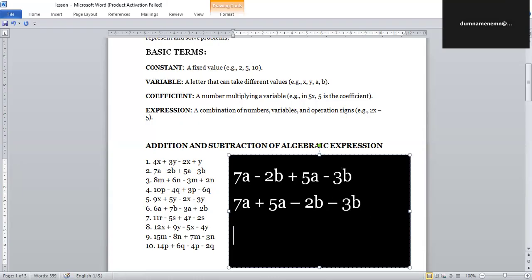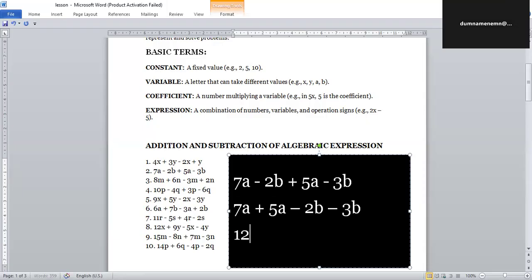After you have collected the like terms, you can now add and subtract. 7a plus 5a, you're going to have 12a. Minus 2 minus 3, you can have minus 5b.